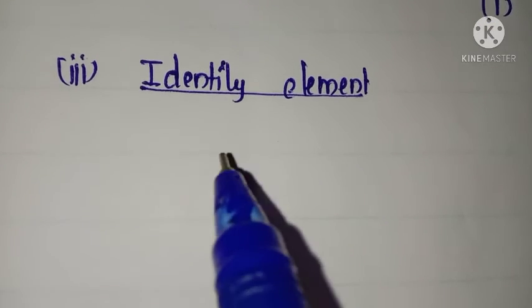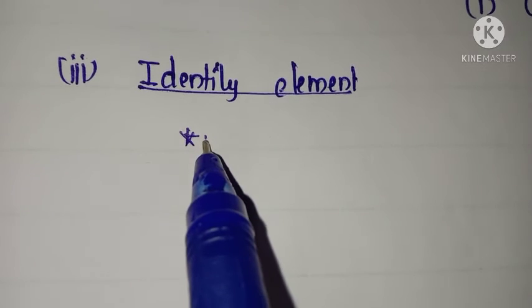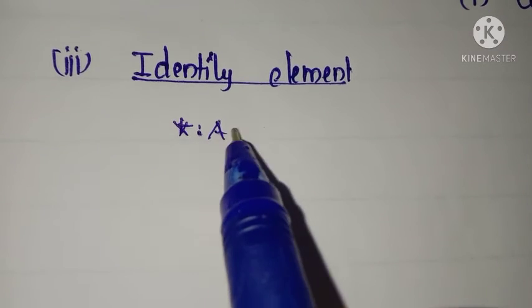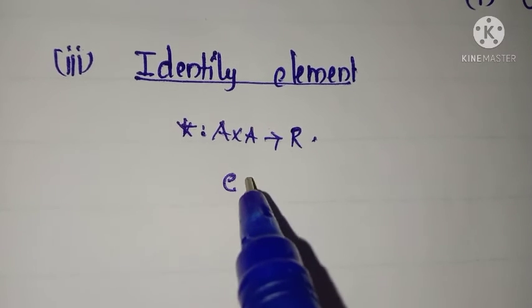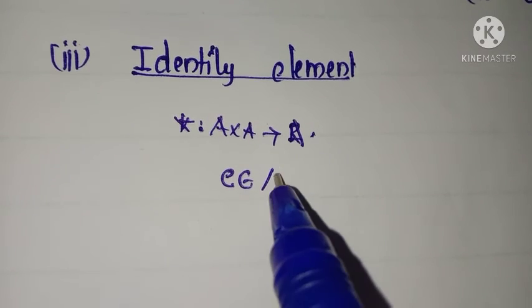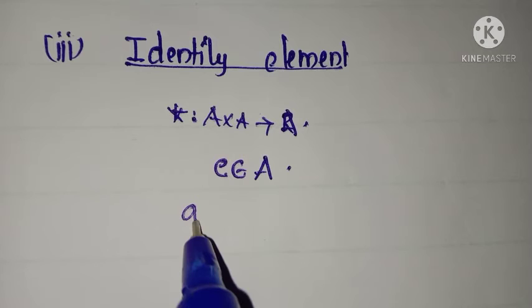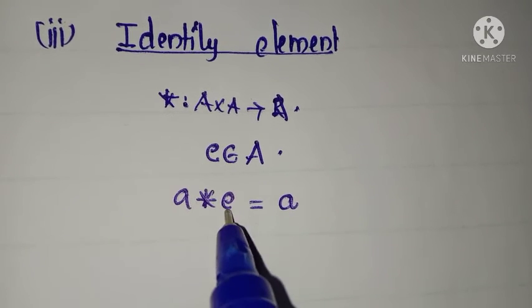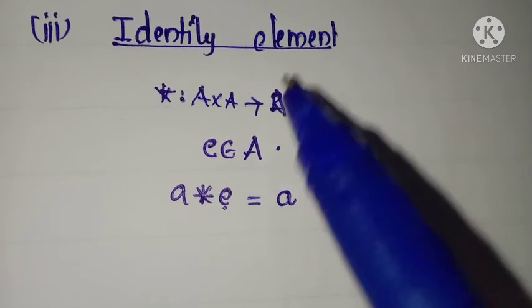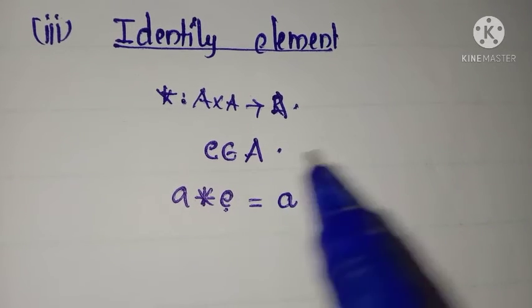Now listen, suppose we have a binary operation star defined on A cross A to A, and there is an element E belonging to A. Now if A star E gives the same element A, then E is known as the identity element for the operation star.